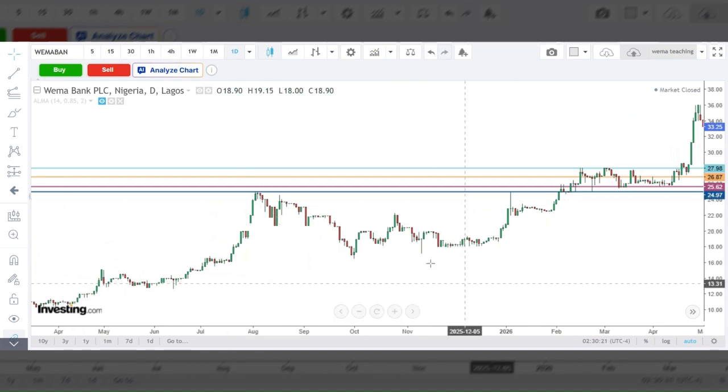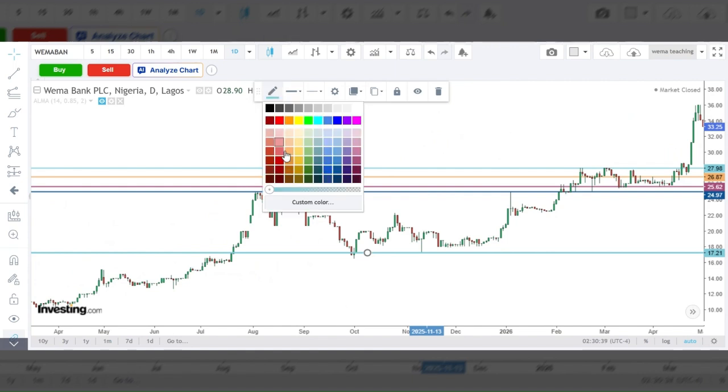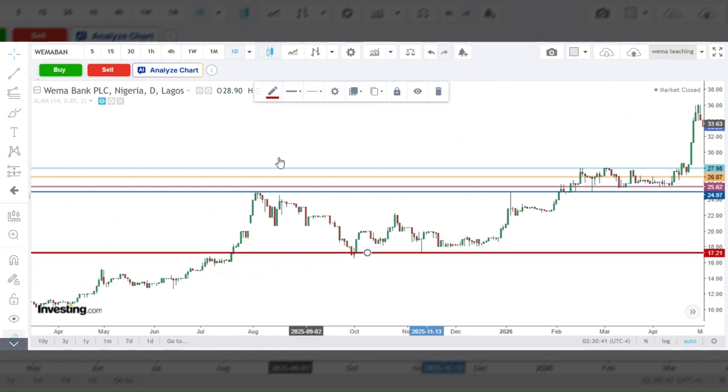One of the candlestick patterns that we know is the doji candlestick pattern. As you can see in this place, let me make this line a bit thicker. Where the red line is, there is a doji candlestick pattern here.